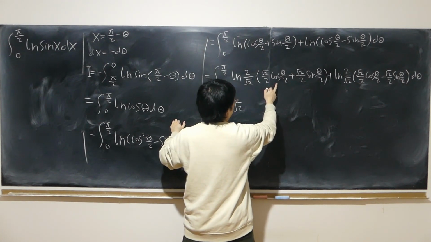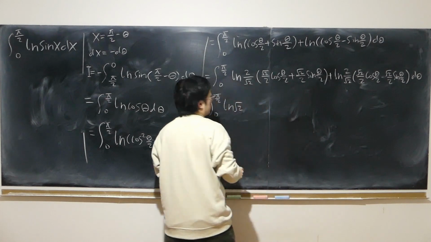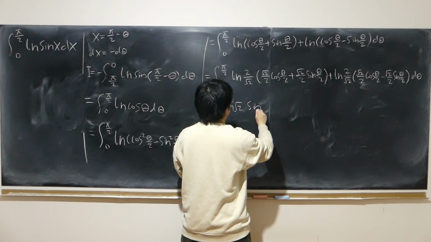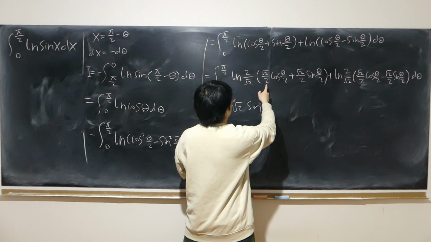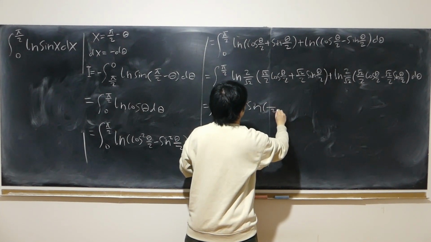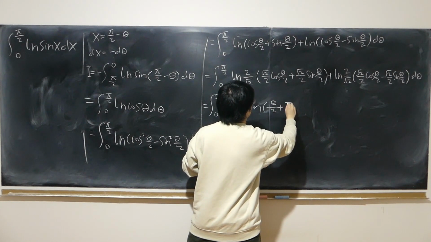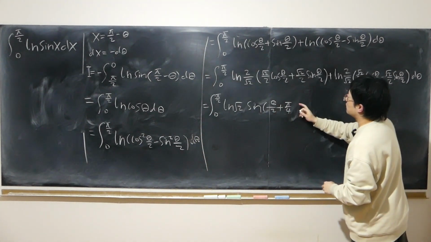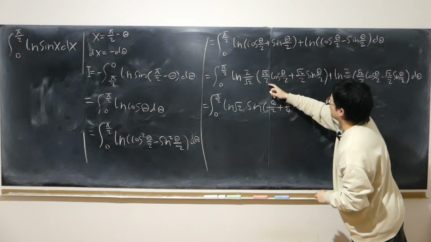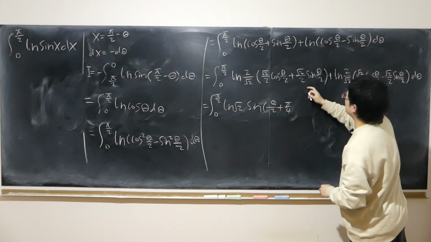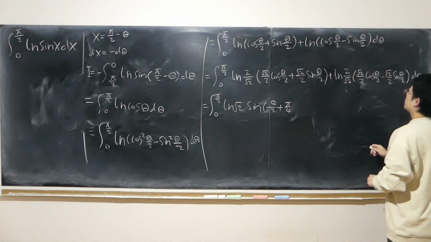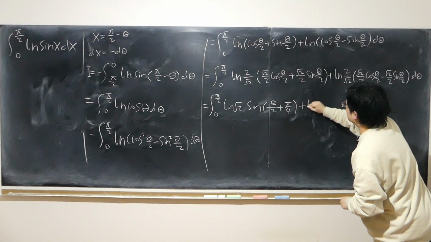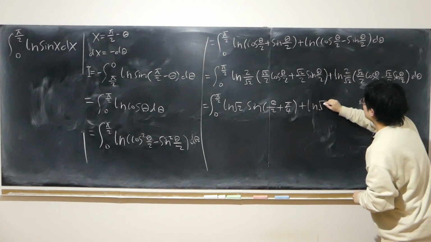So sine cosine plus cosine sine is the angle sum of sine. Sine half theta plus pi over 4. Right, 45 degrees. So sine 45 degrees equal to this, right? Cosine 45 equal to that. So this is this bit plus that bit, square root of 2.